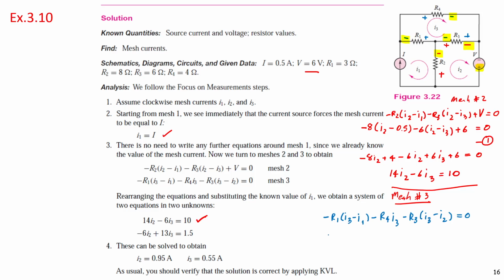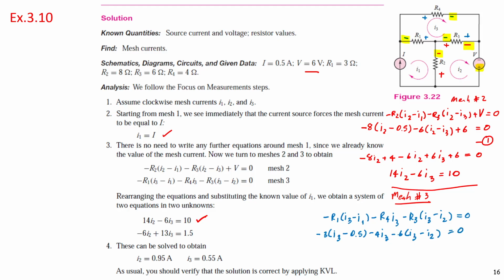Now R1 is 3, (I3 minus I1), I1 is 0.5, R4 is 4, R3 is 6, (I3 minus I2) equals 0.